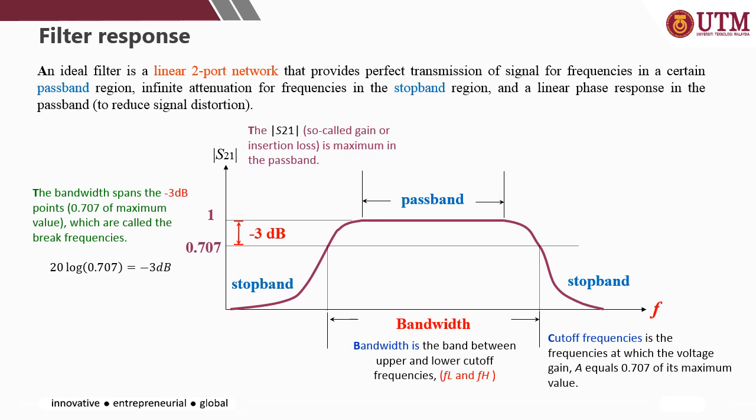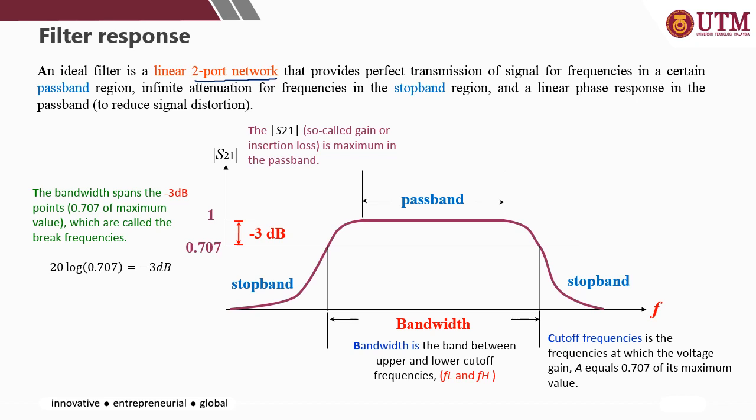Okay, let's look at the filter response. As I mentioned earlier, it is a linear two-port network that provides transmission of signals within the passband region and rejects the signals outside the region, in the stopband area.